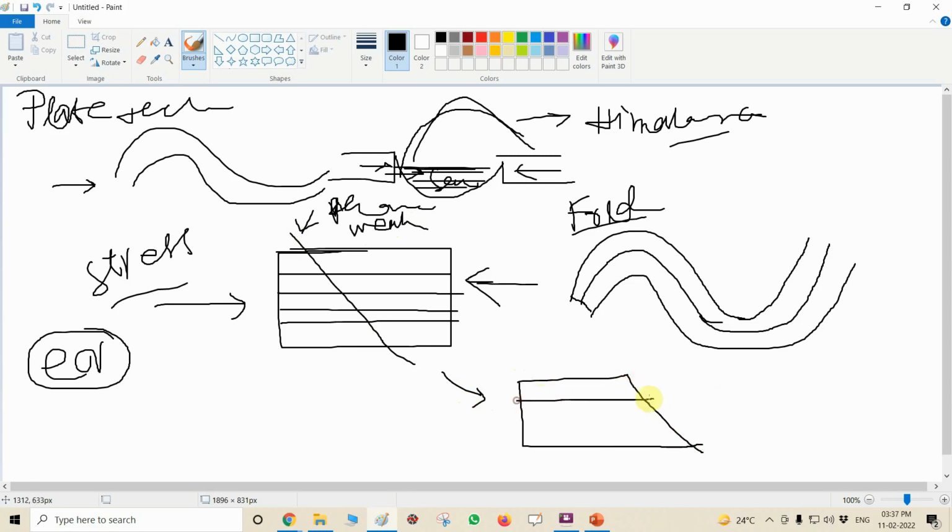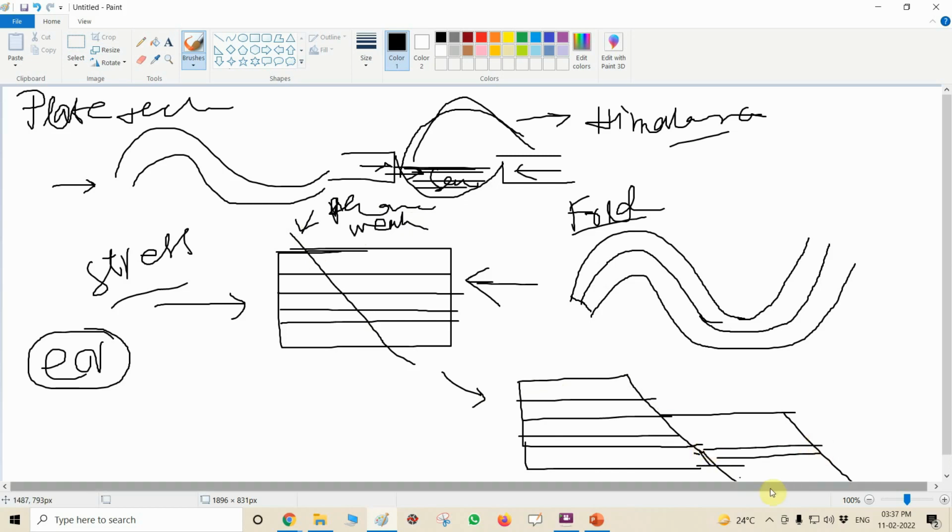These are the strata I'm considering. So the upper block will move down a bit, like this one. It goes down or it may go up, and it's called a fault.